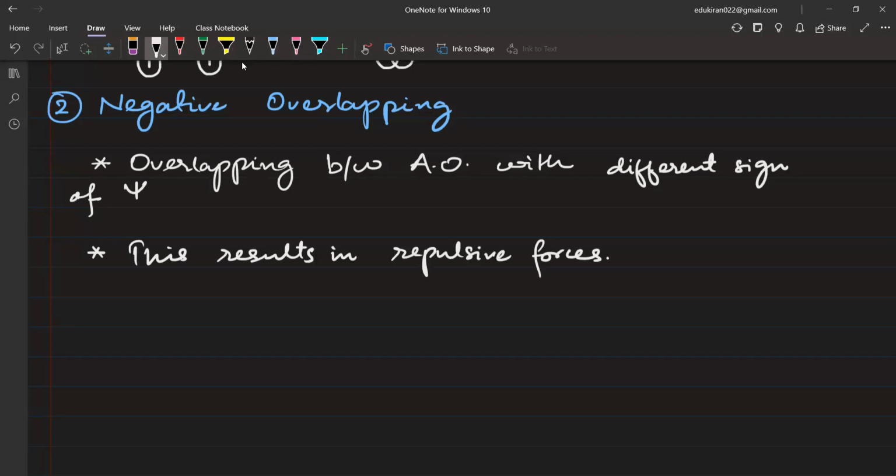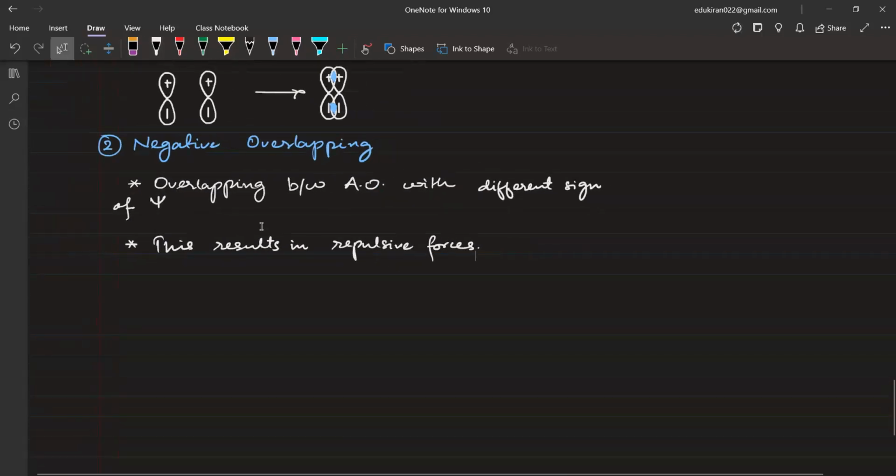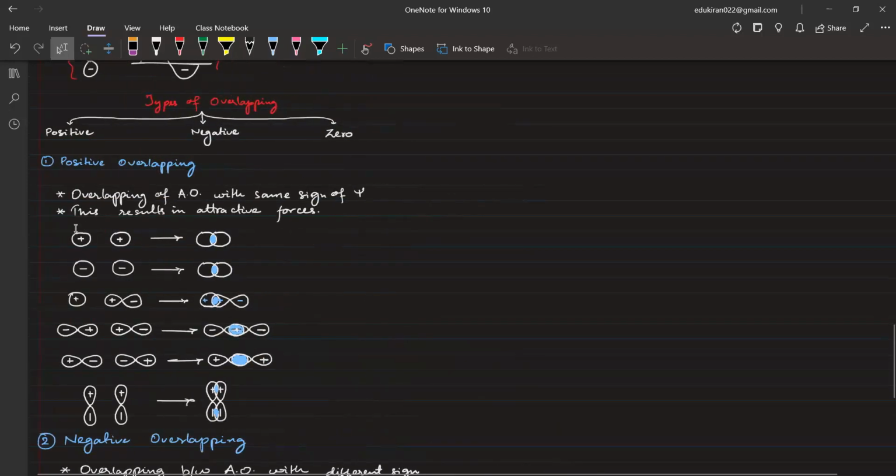This results in repulsive forces. Okay, so you can take all the previous cases जो हम लोगों ने लिया था यहाँ से.